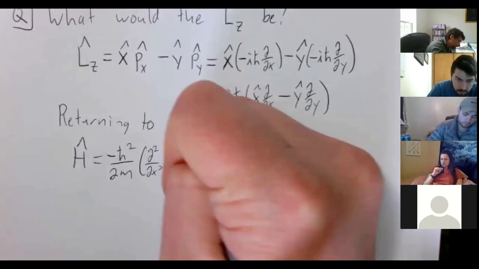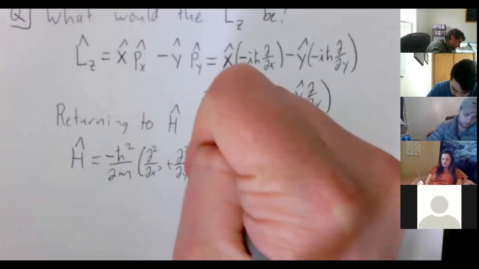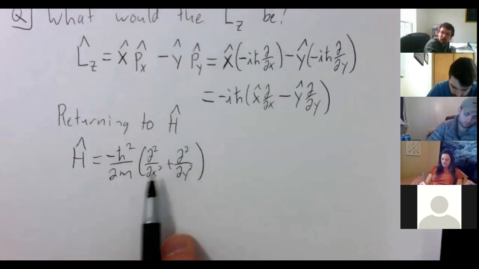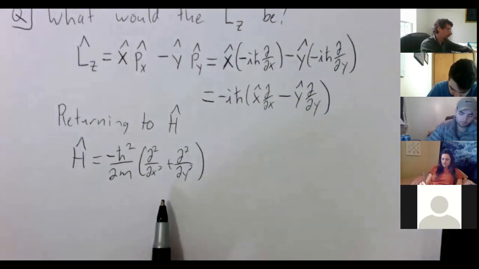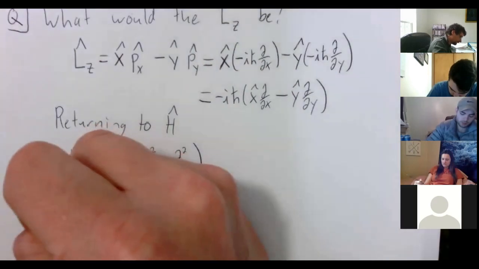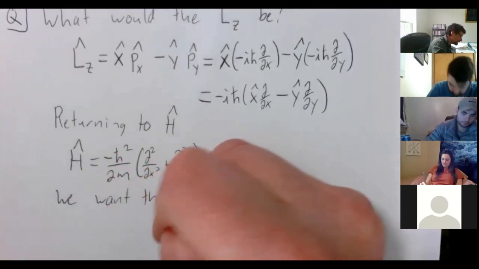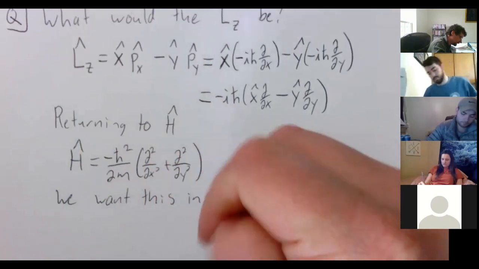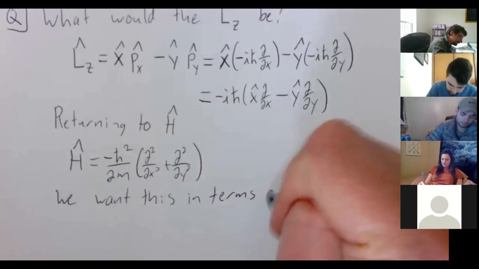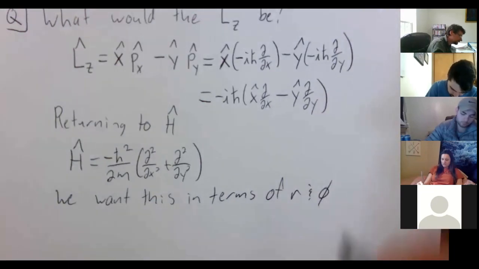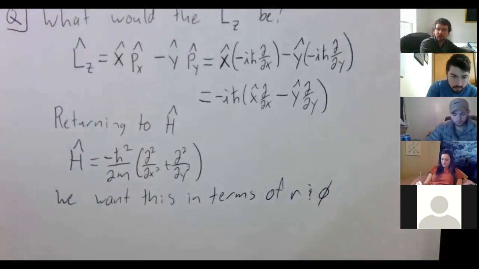But how do we want this to look? We don't want x and y. What do we want? Down to a single variable. We want this in terms of r and phi. So let's try and do that.